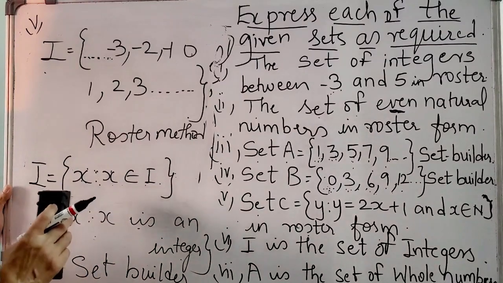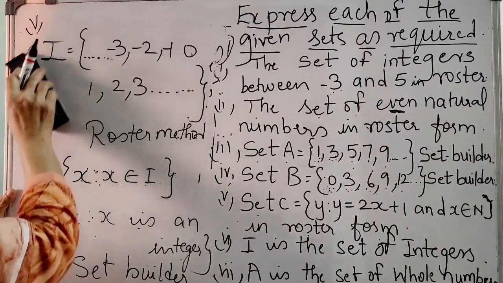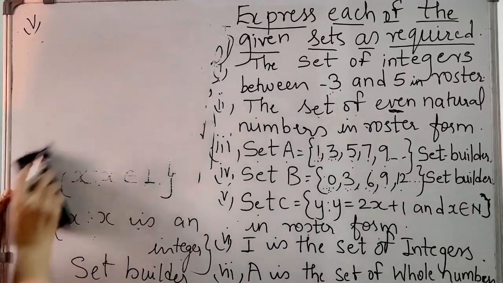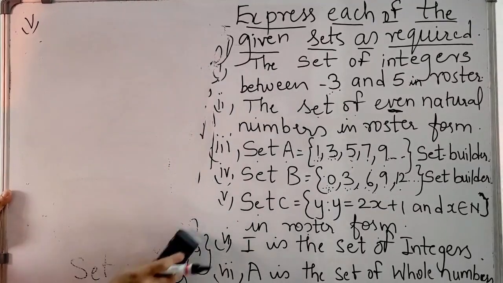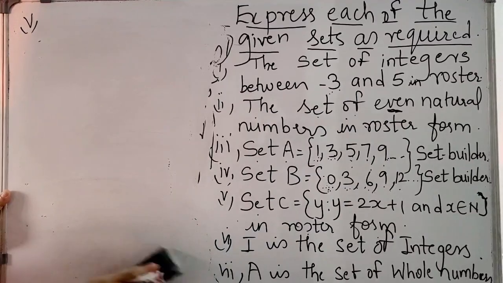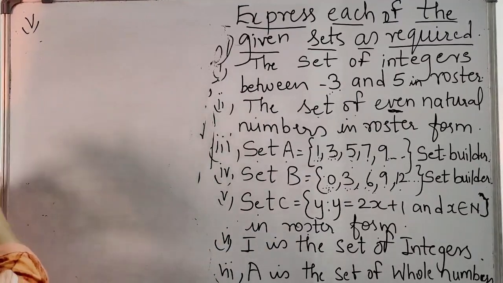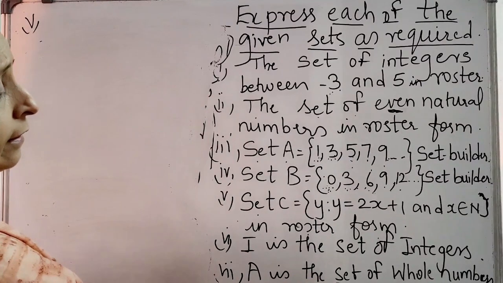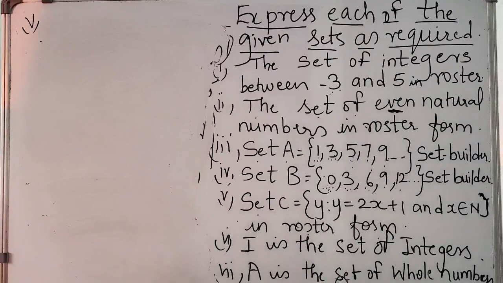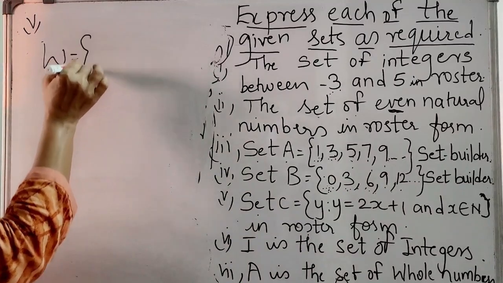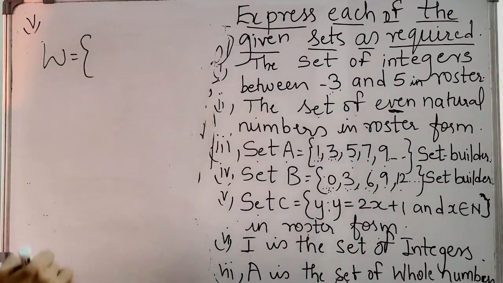Now 7. A is the set of whole numbers. Same way you have to write for whole numbers. Now you know whole numbers is 0, 1, 2, 3, 4 and it goes on. But here it is less than 8. Read carefully. Always read the questions carefully. It is less than 8. So here A equals curly bracket.